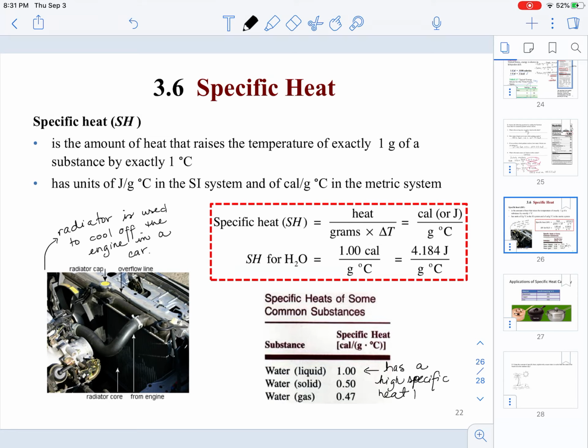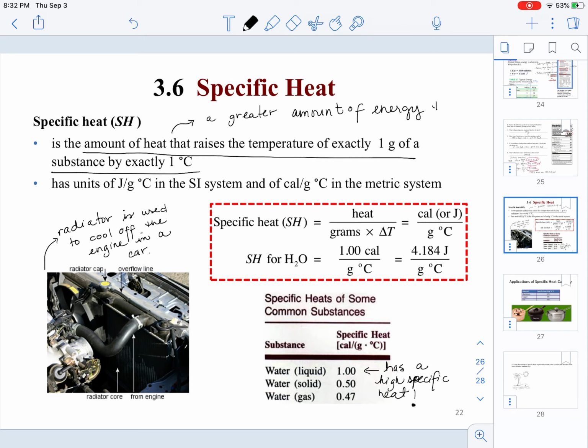Because water has a high specific heat, based on the definition, that means there's a greater amount of energy that is required to raise the temperature of 1 gram of substance by 1 degree Celsius.